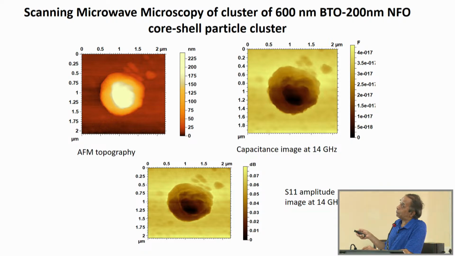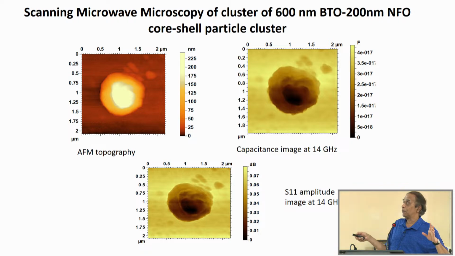And this is scanning microwave microscopy, and it can see through the core shell structure, and you see a very well defined core, in this case barium titanate, because the nickel ferrite has a much lower dielectric constant compared to barium titanate. So this is a capacitance image.